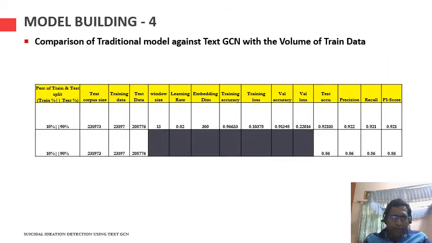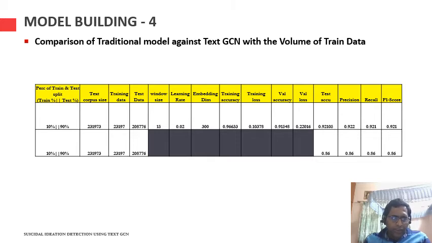We also did a comparison of a traditional model, logistic regression, against TextGCN with different volumes of training data. We used a split of 10 to 90, where 10% is the training data and 90% is the test data. On TextGCN, we were able to see accuracy up to 92%, with precision, recall and F1 being 92%.